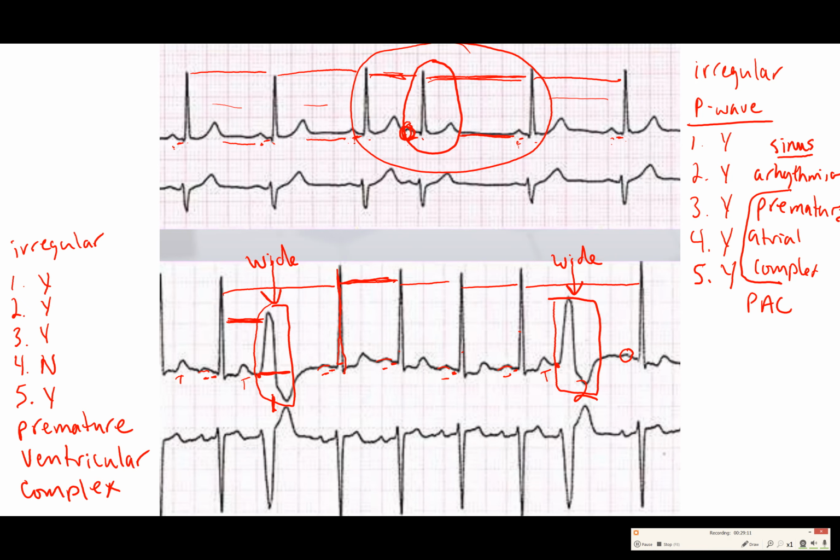Again, not anything that we worry about if there's just a few of them or they pop up every now and then. If they start occurring in succession, like you get 3, 4, 5, 6 of them in a row with no normal beats in between, that usually means that you have an irritated heart and you're at risk for a more dangerous type of rhythm that we'll talk about later. But these are very common.